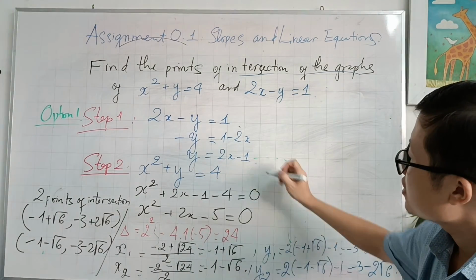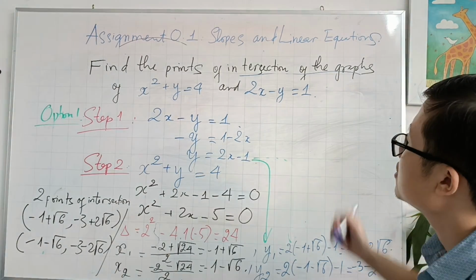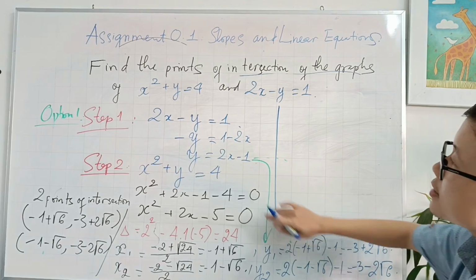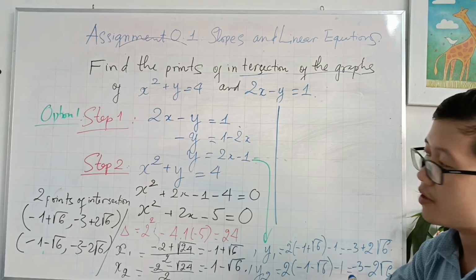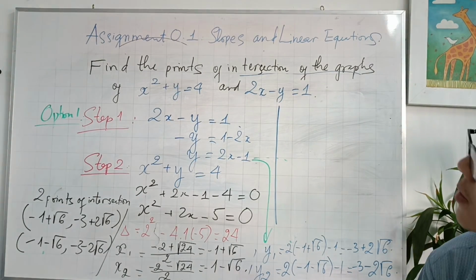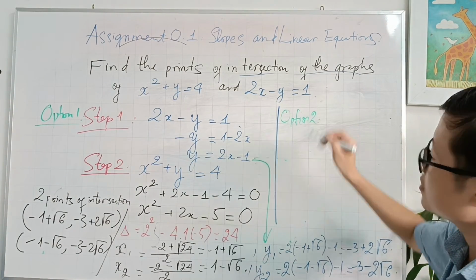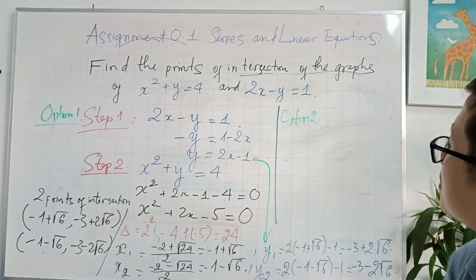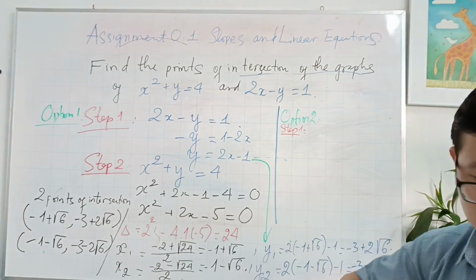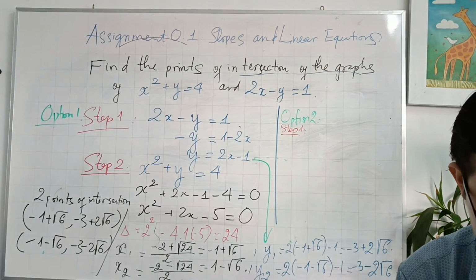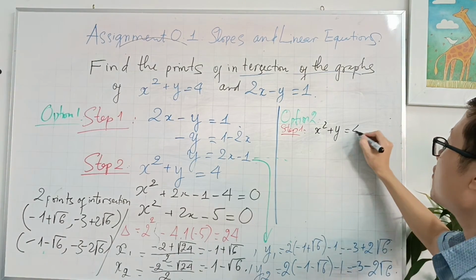Option 2 is also the same way as option 1, but you isolate the y variable in the first equation. Option 2, Step 1. x squared plus y equals 4.